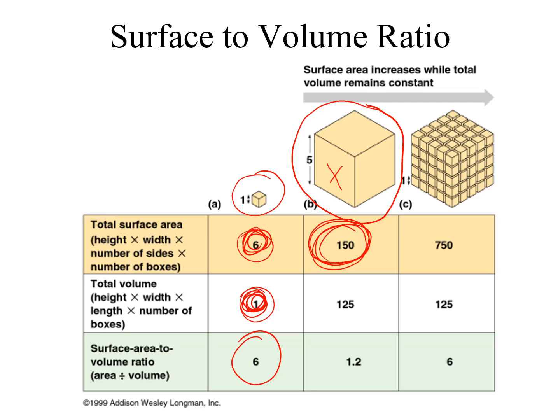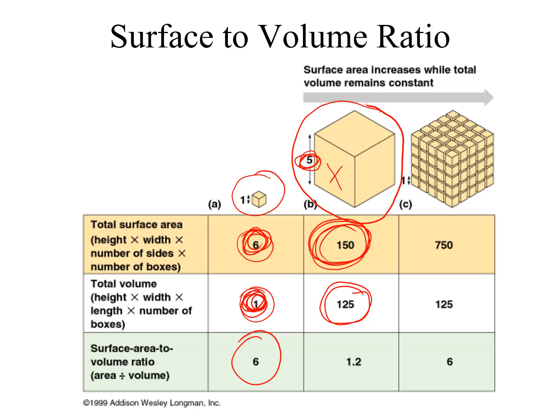Now, let's do the volume. To calculate the volume, what we have to do is just take the length of a side cubed, so 5 cubed. 5 times 5 times 5 is 125. So again, it's got more volume than the small cube. Not very surprising because it's bigger.